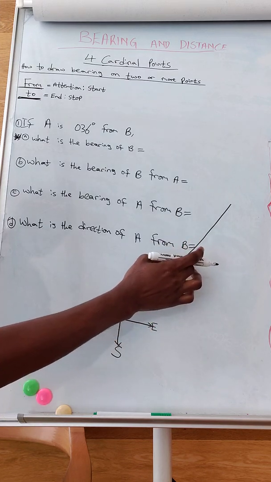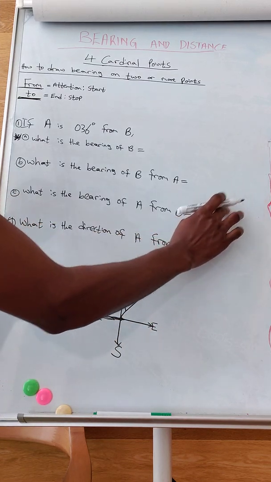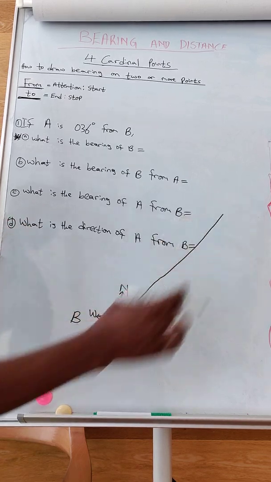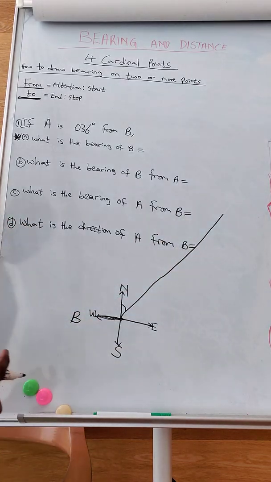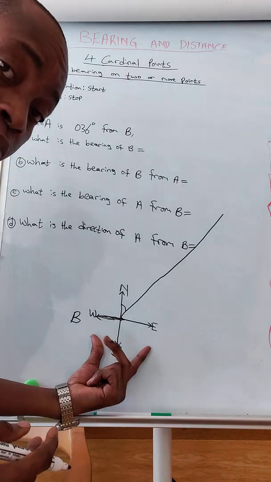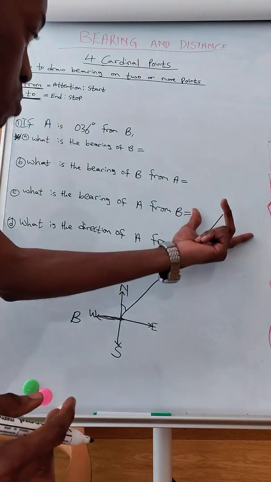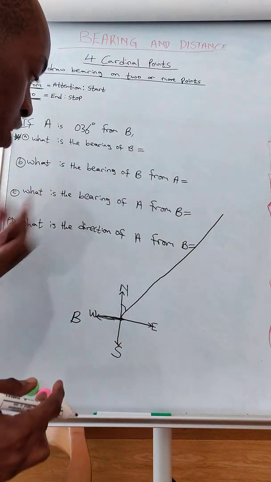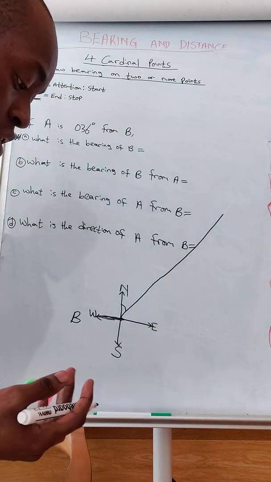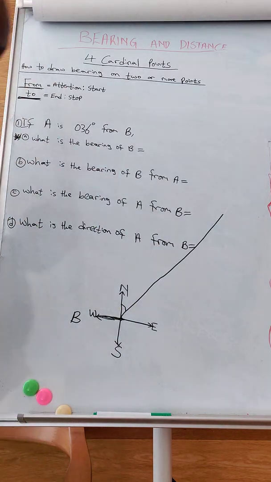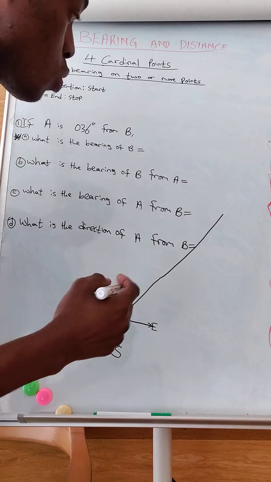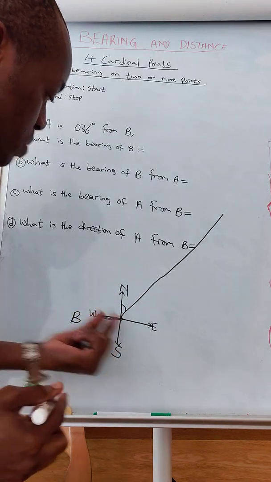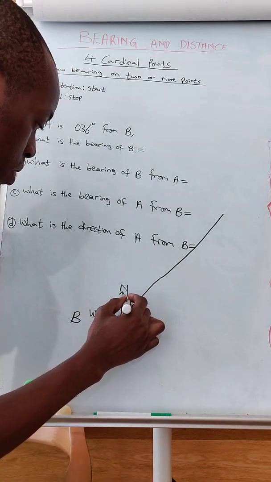I could have stopped here, but I want us to have a separate space; my board is not big enough. That is why I always tell you, when you want to draw your cardinal points, always make sure there is space around the four cardinal points so that it will make your work neater. So this is point B, this is 36.